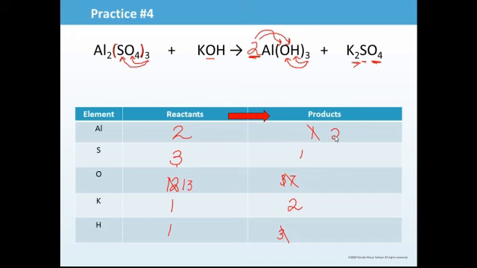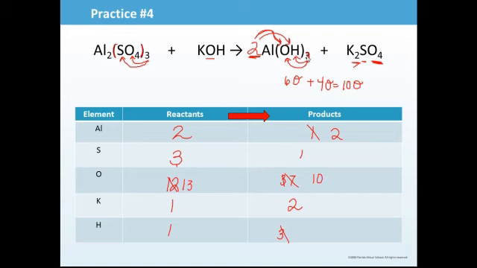I have 2 aluminums. Now this one, remember the 3 gets multiplied to the oxygen, so that's 3 oxygens, and this 2 gets multiplied. So 2 times 3 equals 6 oxygens. But don't forget, we still have these 4 over here. So we have a total of 10 oxygens now.